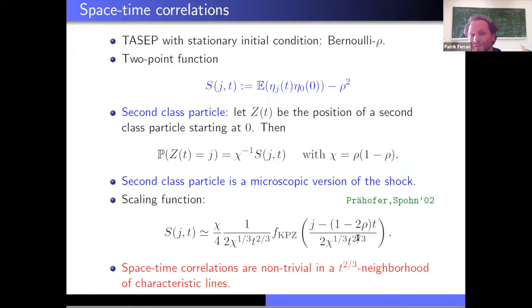And then the fluctuations here are non-trivial over a region of order t to the power 2/3. This is just for stationary, but it gives you the idea that in space-time, the correlation over a time span of order t will be relevant only in a neighborhood of size t to the 2/3 of the characteristic, if you follow back the characteristic from where you are.